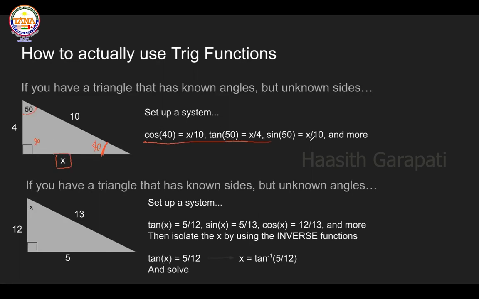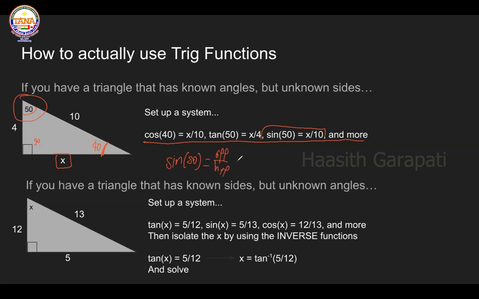So all the functions you see up above are trigonometric functions that involve the x value. In this case, let's choose this one, sine of 50. So sine of 50, this means we are talking with respect to this angle. So sine of 50 is equal to opposite over hypotenuse.